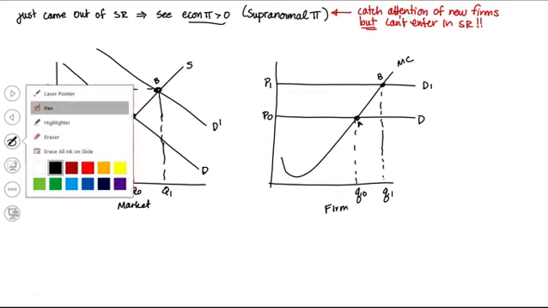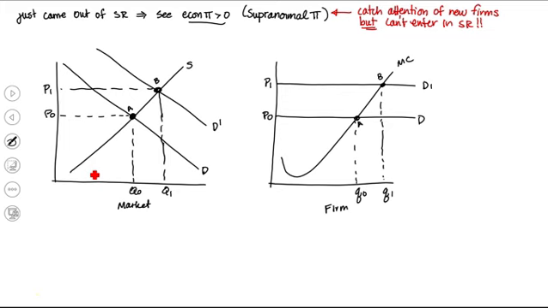So, tell me guys here, what happens in the long run? There's supernormal profits being made. What happens in the long run? Supply increases. Why does supply increase? Because firms enter, exactly.